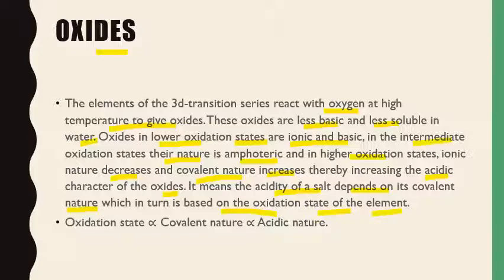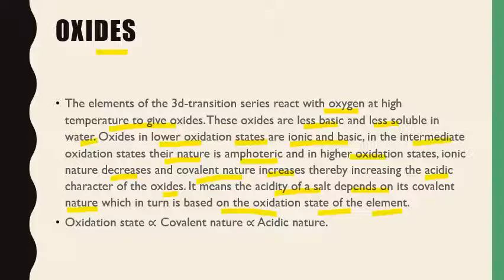So, oxides are formed at the lower oxidation state and their nature is ionic and basic. As the oxidation state increases and it comes to the medium or intermediate oxidation state, the oxide's nature becomes amphoteric.